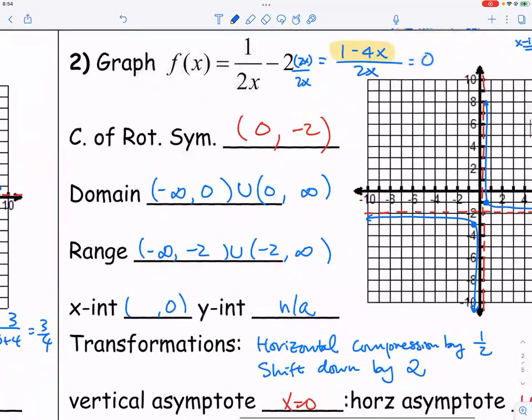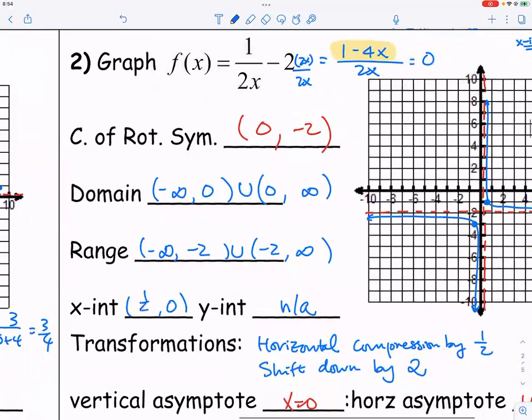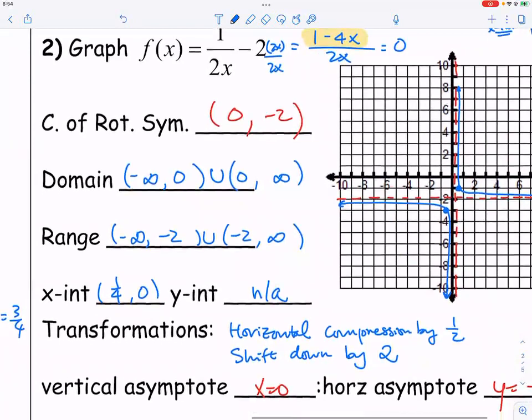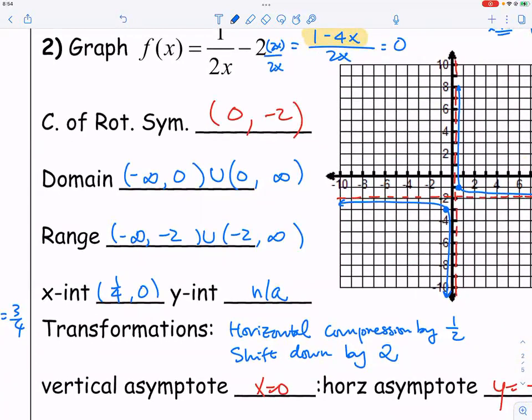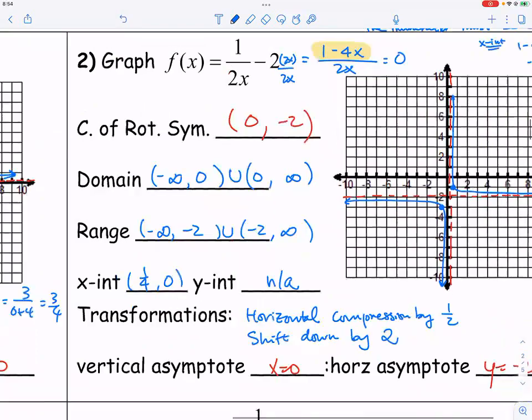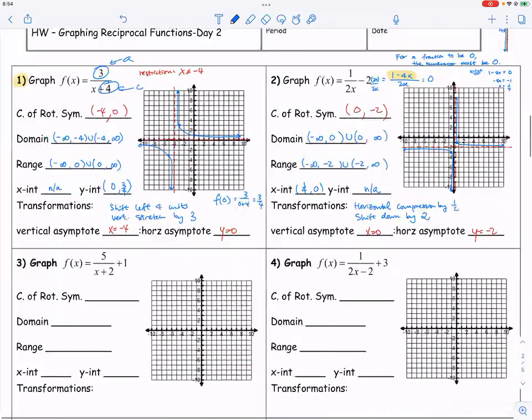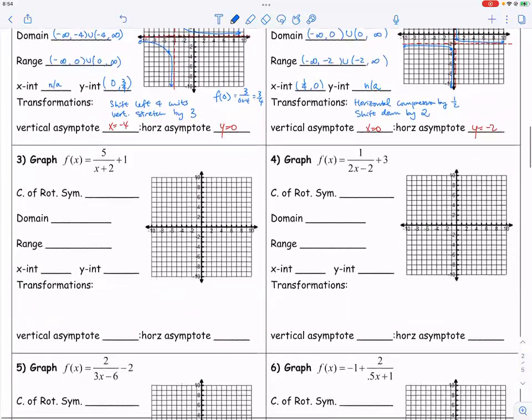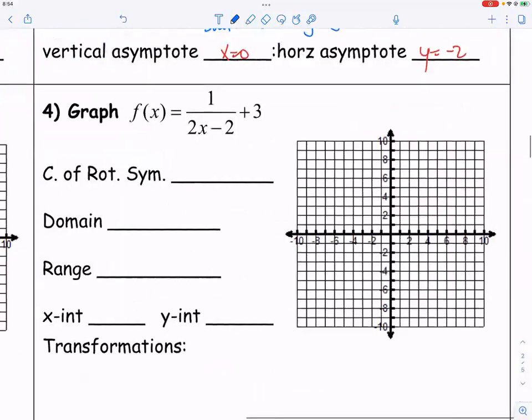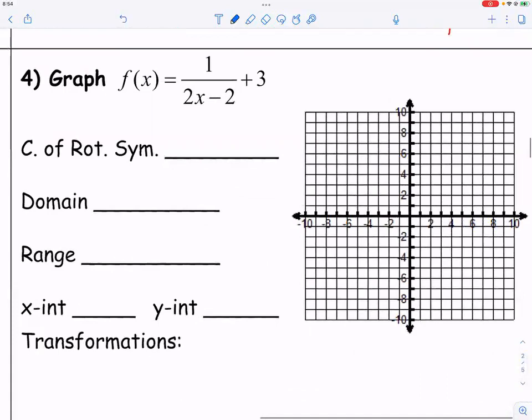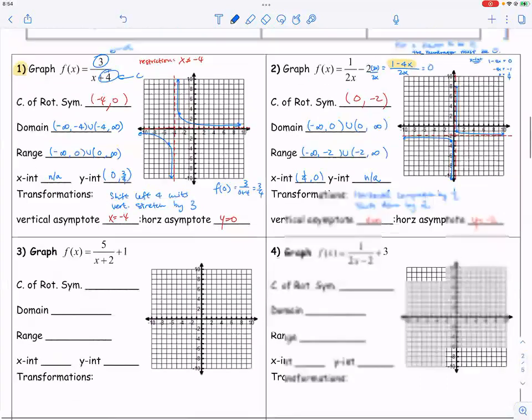So that's how you find the x-intercept: (1/4, 0). Again, we can combine them into a single fraction, and then you can find the x-intercept a lot easier. Now let's go ahead and look at number 4.